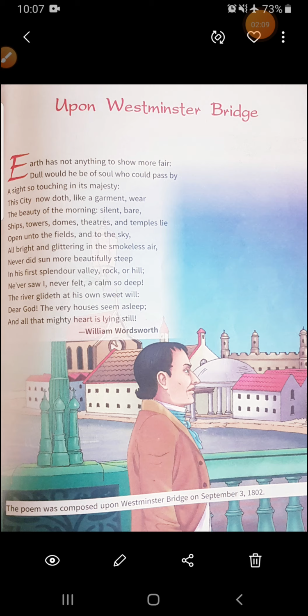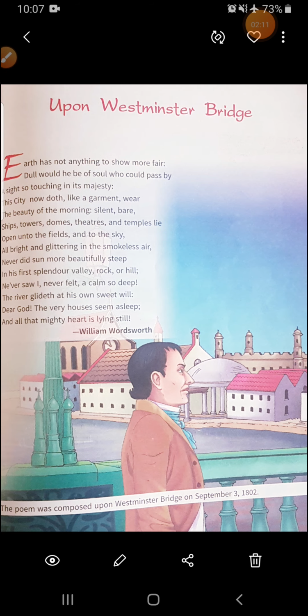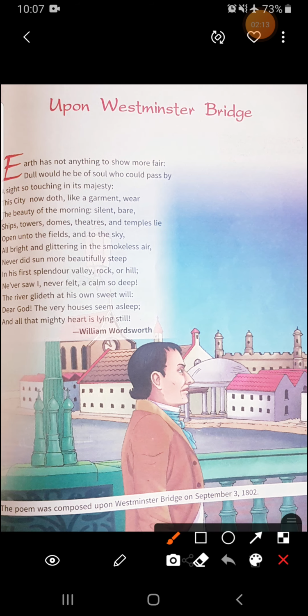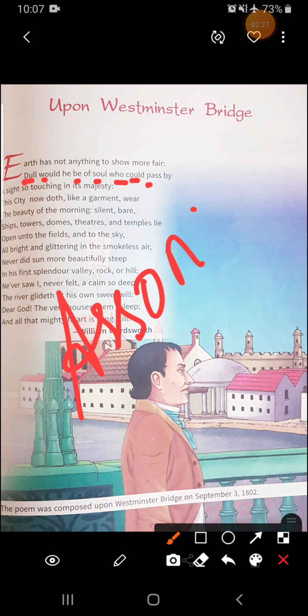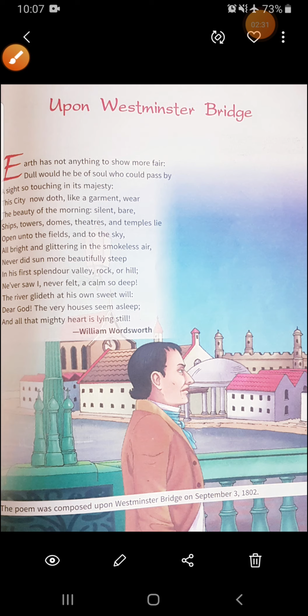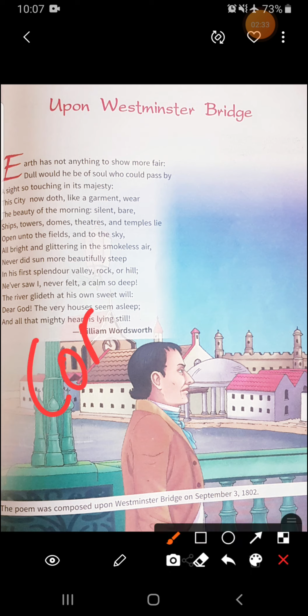If you see the second line in this, you can see U here, then O, then E, O, A. So you can see that there is repetition of vowel sound in the same line. So that is called what? Assonance.